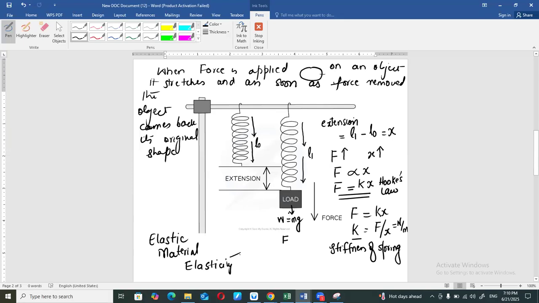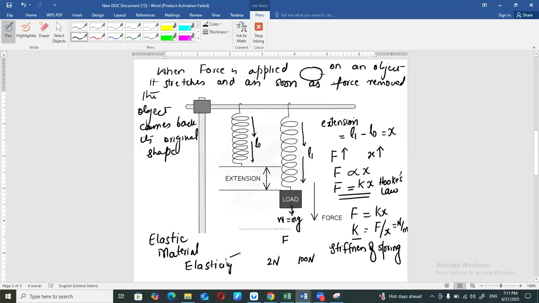Let's suppose you increase the load by 2 Newton and remove it, the object goes back to its original shape. If you increase the load by 3 Newton and remove it, it goes back to its original shape. What if you increase the load by, let's suppose, 100 Newton? If you remove that, will it go back to its original shape? That's what my point is.